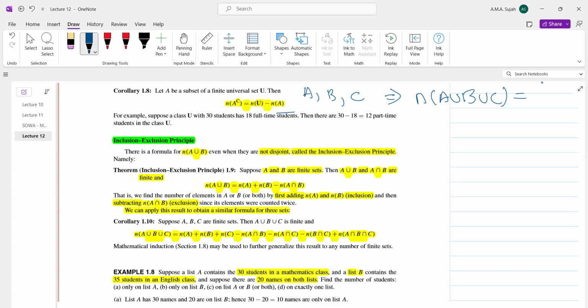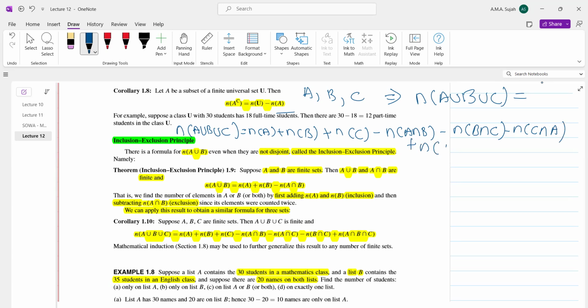Okay, now I will write the equation and explain. If we have three sets A, B, C, then the number of elements in A union B union C is equal to the number of elements in A plus the number of elements in B plus the number of elements in C, minus the number of elements in A intersection B, minus the number of elements in B intersection C, minus the number of elements in C intersection A, plus the number of elements in A intersection B intersection C. This is the equation for three sets.